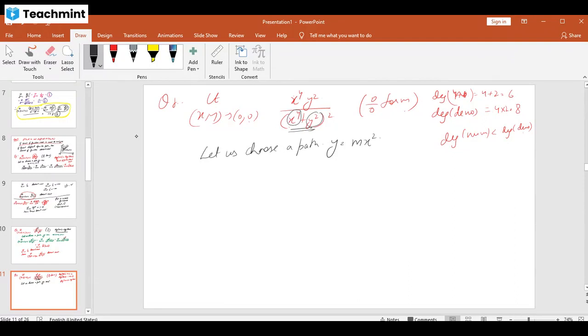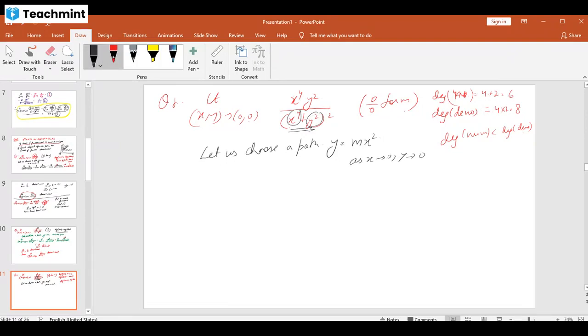So we need to make the denominator, basically, I want to reduce the denominator function into a homogeneous function so that the degrees of the denominator terms are the same. Because it is a kind of parabola, upward or downward depending on whether m is positive or negative, as x approaches 0, y also approaches 0.